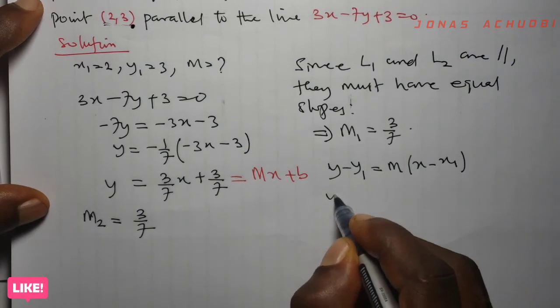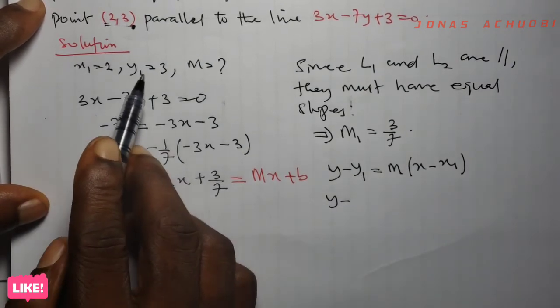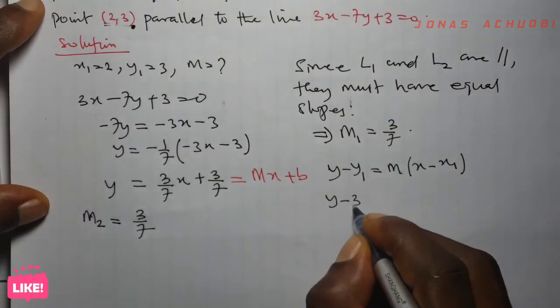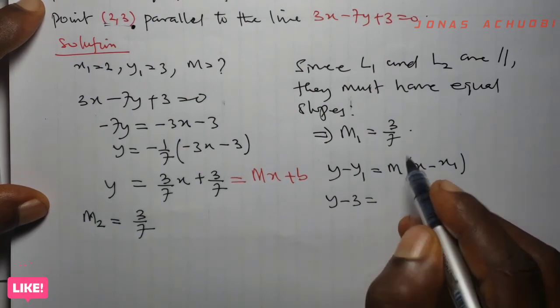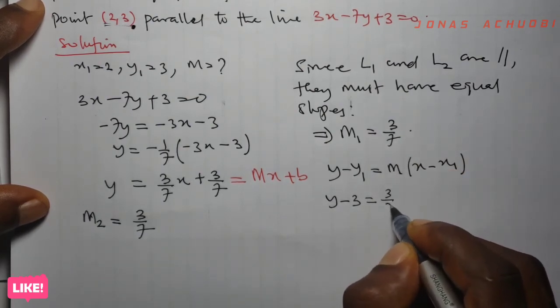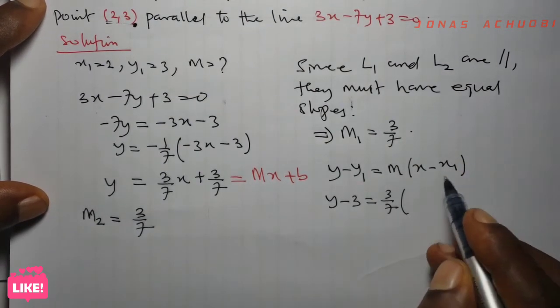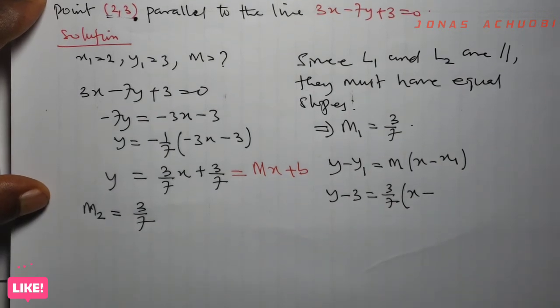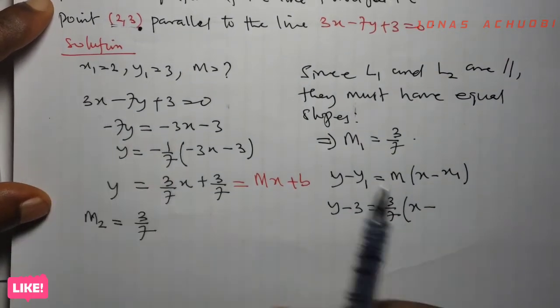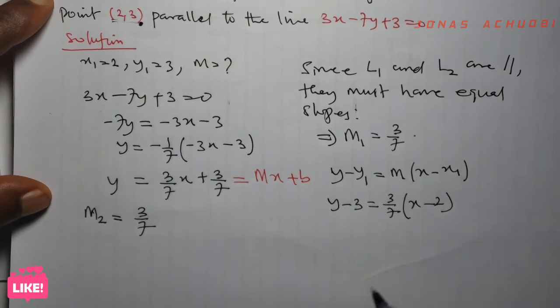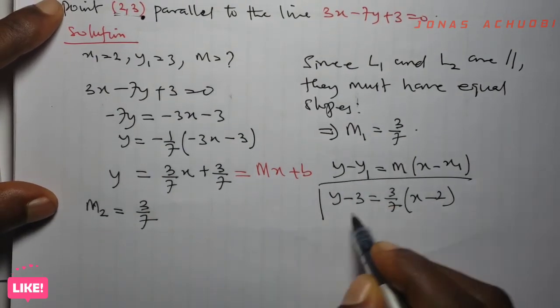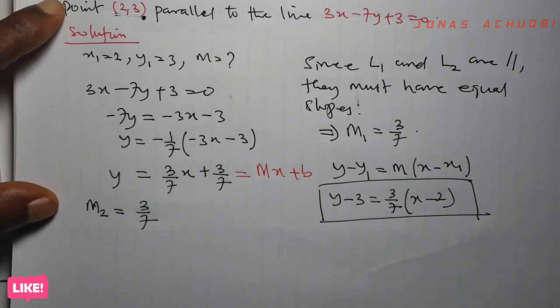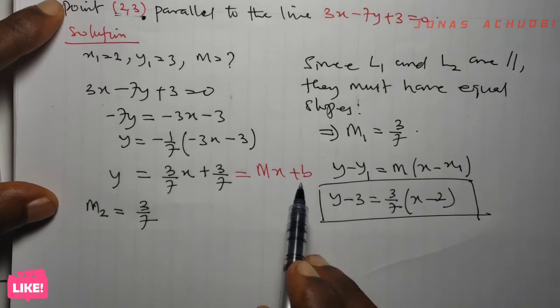So here our y1 is the y coordinate, which is 3, equal to m, the slope is now 3 over 7 into x minus x1. What is our x1? Our x1 is 2. And that is our equation in the point slope form. If you like, you can go ahead to expand the equation and also leave your equation in the slope-intercept form.